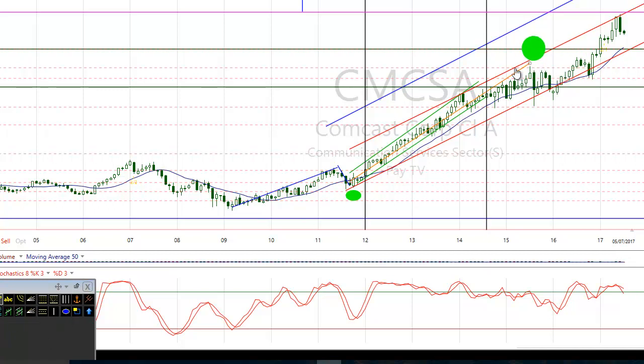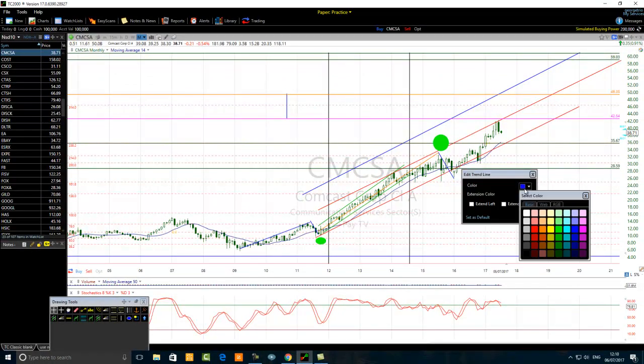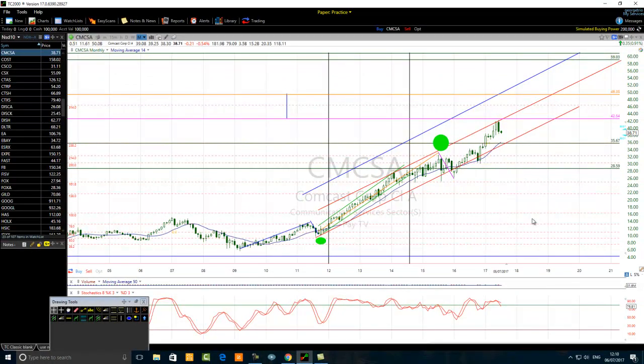And followed by the fourth Elliott wave, 1, 2, 3, right there. The fourth Elliott wave, color that into pink. And the fifth Elliott wave. The fifth Elliott wave has been subdivided into 5 minor waves.